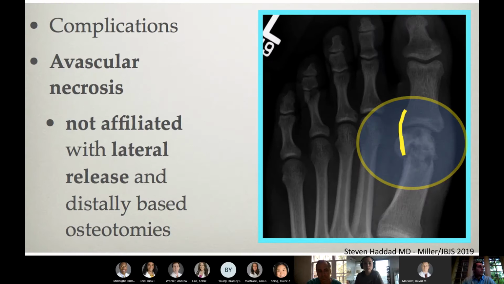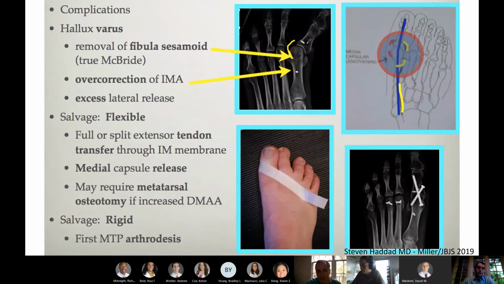The big complication that we don't frequently see, but that is unfortunate, is avascular necrosis of the first metatarsal head. It's never been shown to be associated with a particular type of osteotomy or lateral release. We can also see hallux varus.